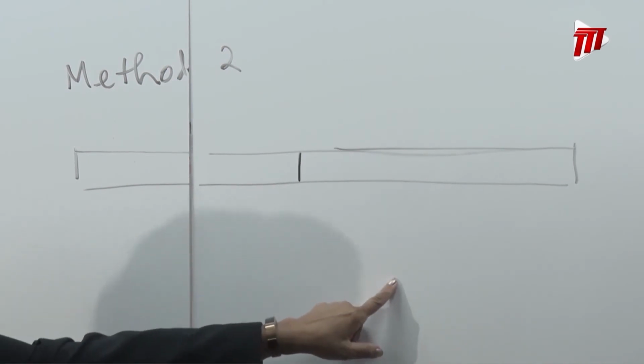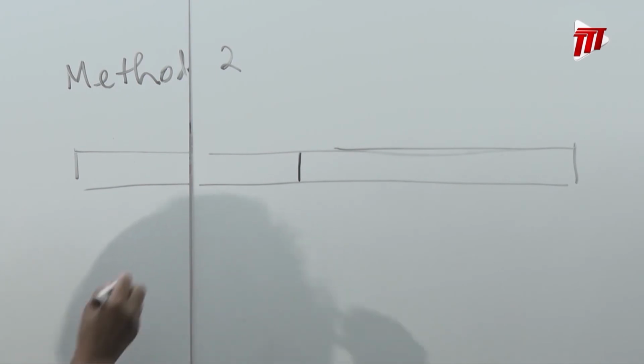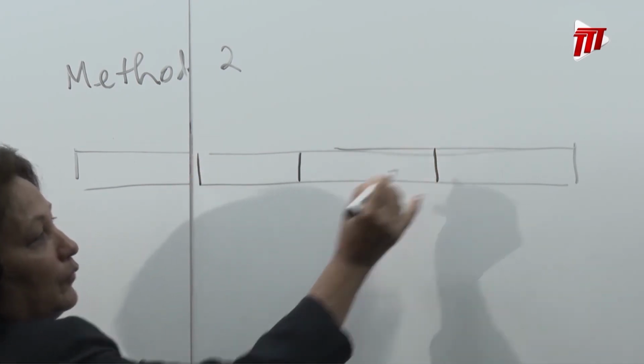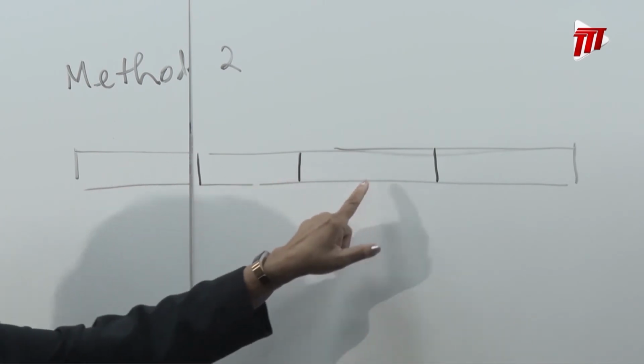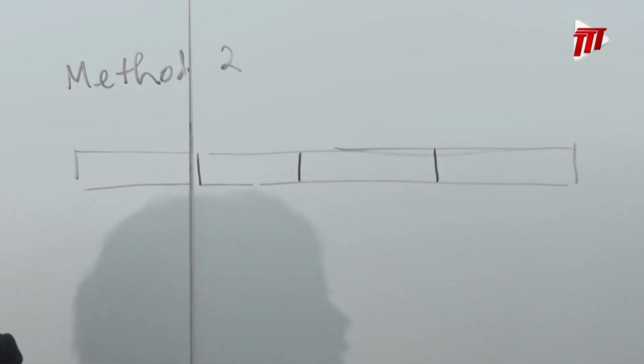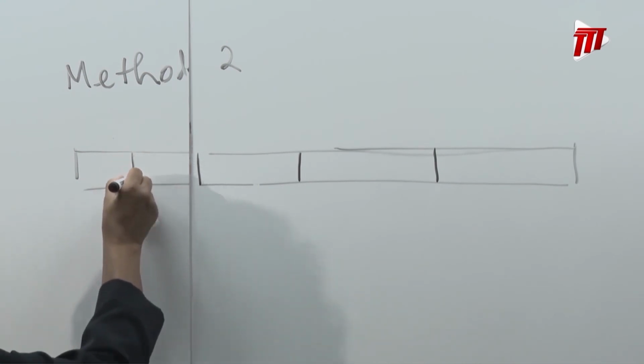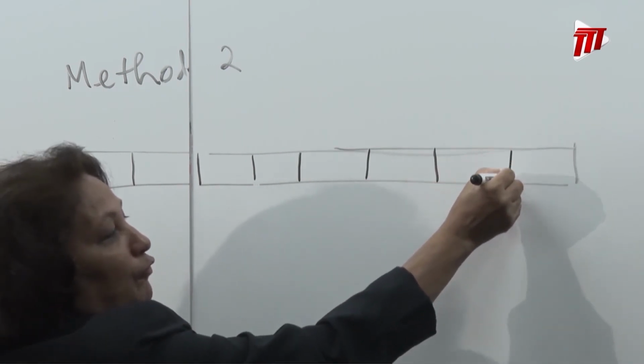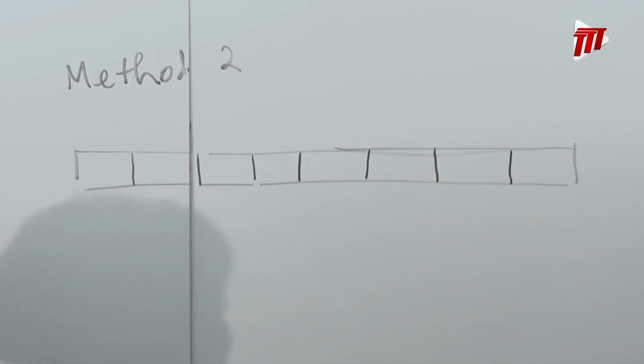Each of the halves I divide in 2, so I will get quarters. 1, 2, 3, 4. Each of the quarters we divide in 2. 1, 2, 3, 4. So I've divided the 4 quarters into equal parts, 2 parts.